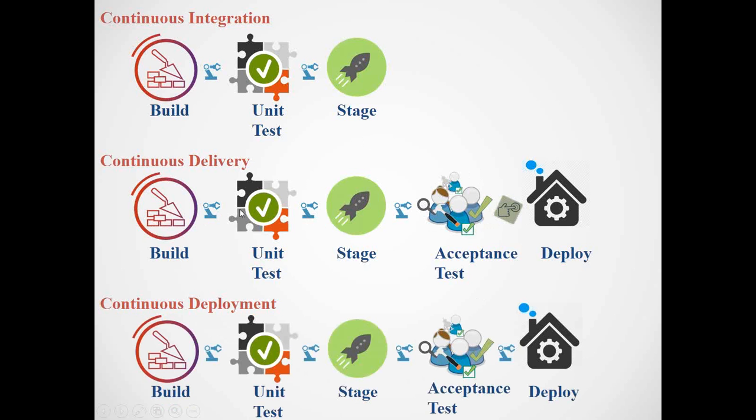If in your project, the process is that after the testing you want to deploy manually, then you call it continuous delivery. But the same thing, if the deployment is also automated, then we call it continuous deployment. Okay, so that's the basic difference between continuous integration, continuous delivery, and deployment. What we will be doing in the majority of cases is continuous delivery.